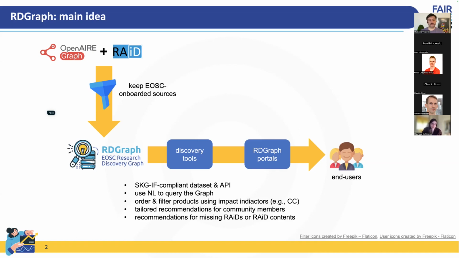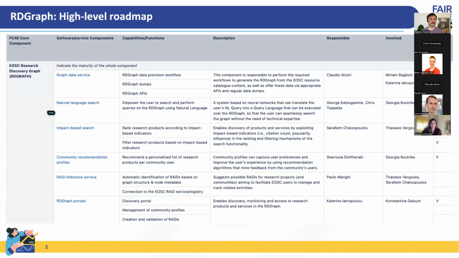We offer some impact indicators based on citation analysis that can help the end user to order or filter the results of a search that they are performing, and tailored recommendations for community members. Finally, we are also going to provide recommendations for missing RAiDs and for missing RAiD contents.